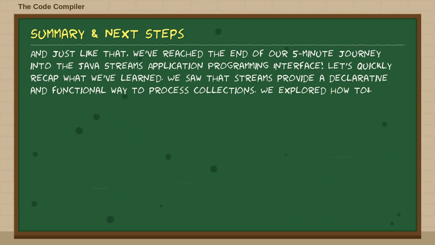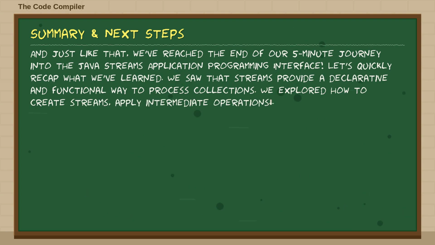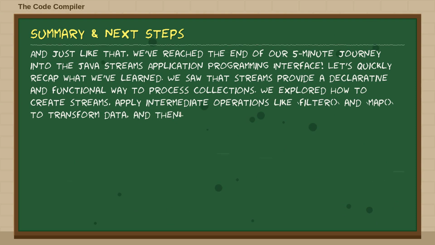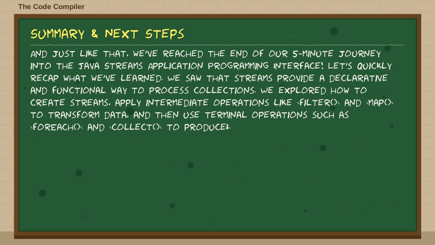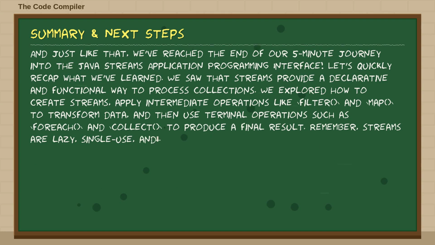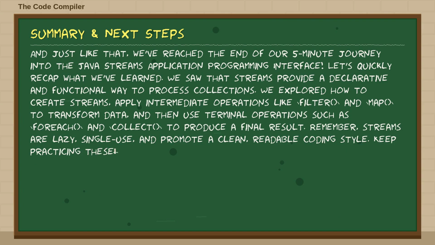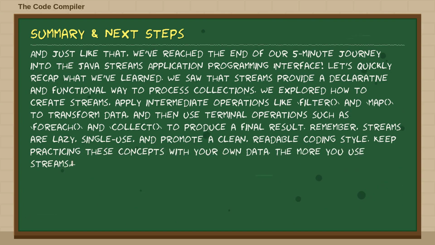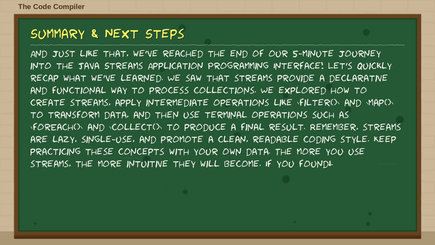We explored how to create streams, apply intermediate operations like filter and map to transform data, and then use terminal operations such as forEach and collect to produce a final result. Remember, streams are lazy, single-use, and promote a clean, readable coding style. Keep practicing these concepts with your own data. The more you use streams, the more intuitive they will become.